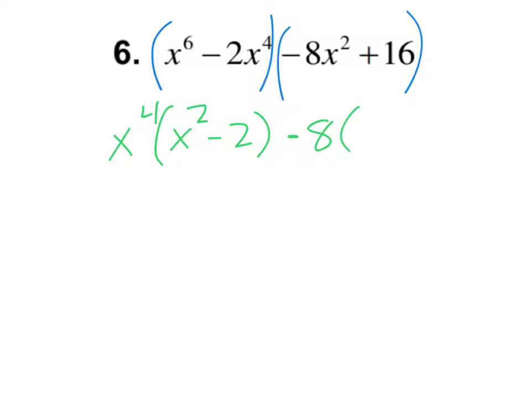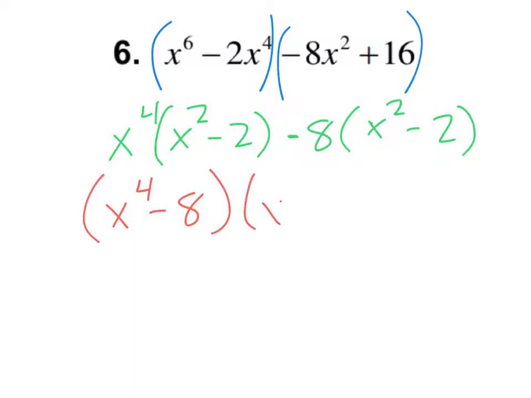That leaves us with... Would it be x squared, or would it be positive 8? Okay, I could factor out a positive 8, but if I did, it would be negative x squared plus 2. The signs would be backwards. So for grouping to work, the parentheses must match. Yep. So this leaves me with x to the 4th minus 8 times x squared minus 2.